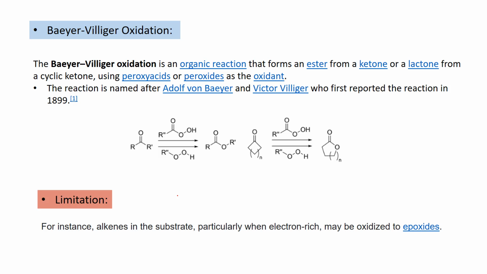If you get a clear idea of which name reaction gives which product, or how we can distinguish between two name reactions, both of which are oxidations with the same type of reagent but one gives one product and the other gives a different product, then just by seeing the product you can get an idea of which name reaction is performed.